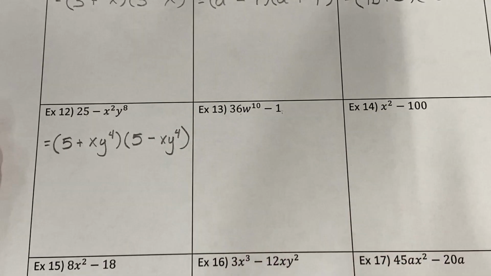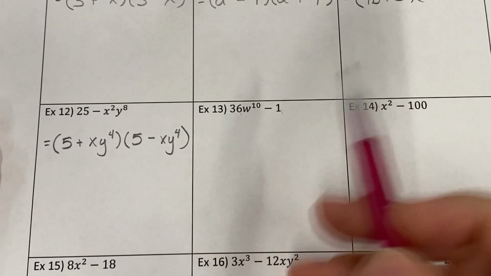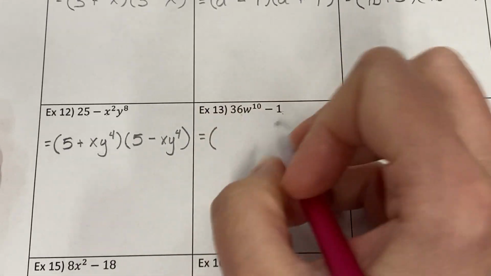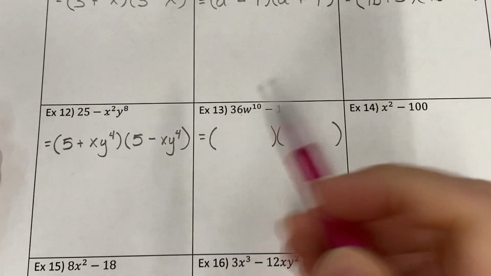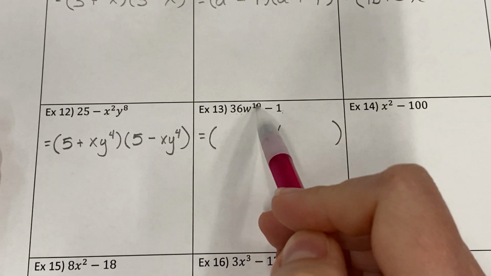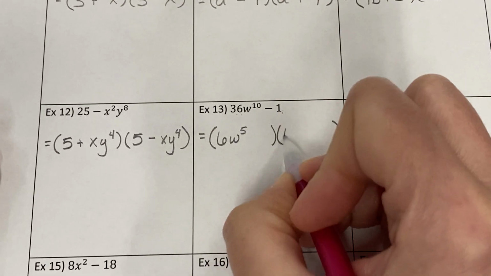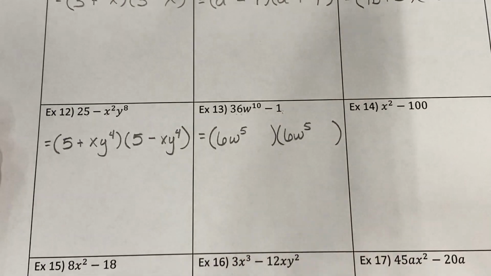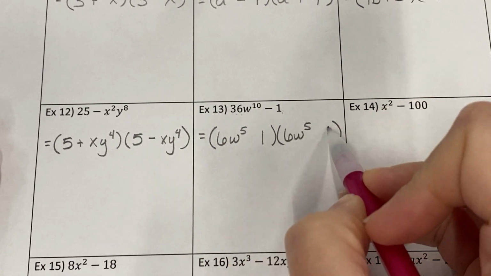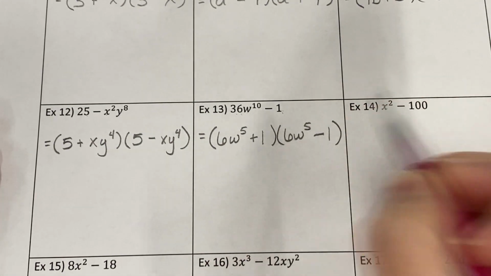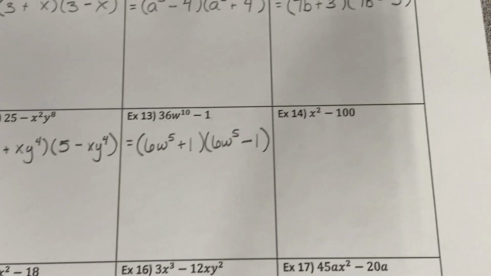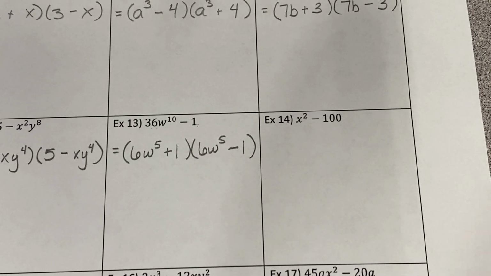GCF, no. Perfect squares, yes. The square root of 36w to the 10th is 6w to the 5th. The square root of 1 is 1. Example 14.